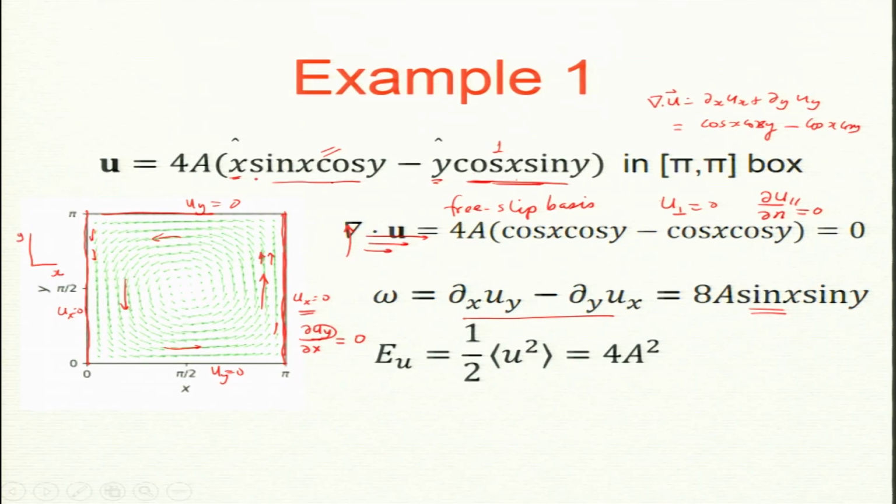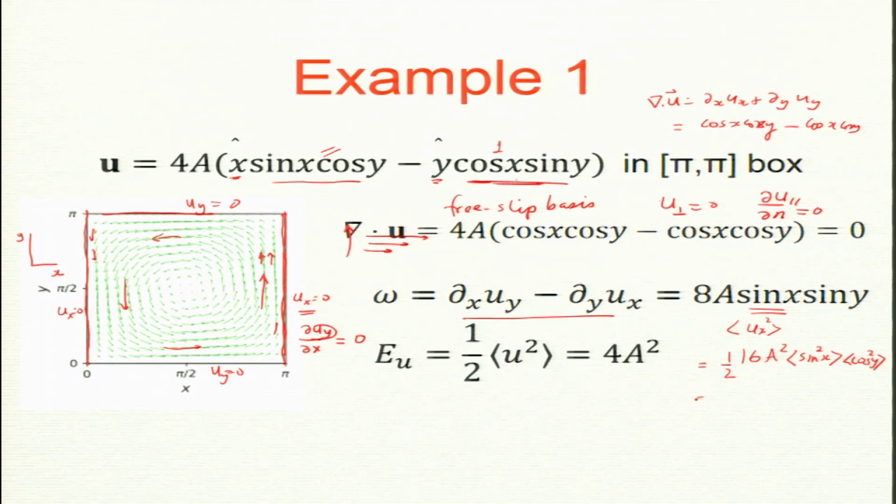So, sin x cos y, square it. So, the first term I am going to do, 16a squared by 2, I am doing ux squared. So, this is ux squared average, 16a squared sin square x cos square y average. They are independent, no, x and y, no coupling. So, it can be written as sin square x times cos square y.